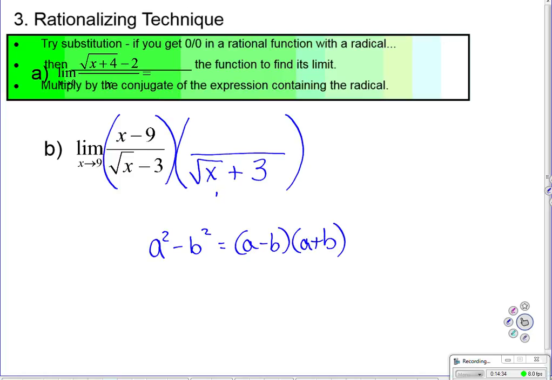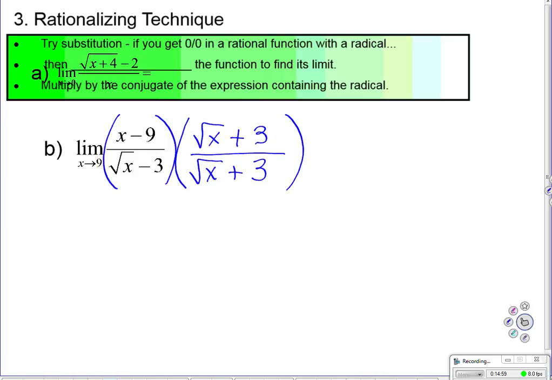We'll take a look at this. This is a plus b here, and this is a minus b. This is nothing more than a difference of squares where we get first thing squared minus last thing squared. And that helps us out tremendously on these problems. So when we say we're multiplying by the conjugate, what I'm really doing is making a difference of squares factoring. Just thought you'd want to know that.